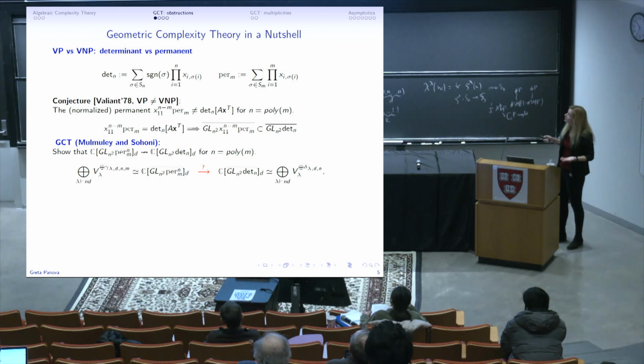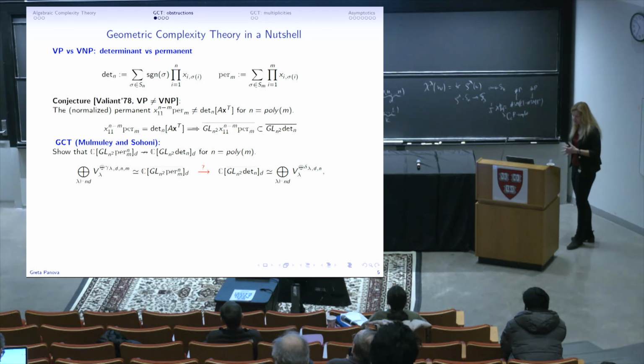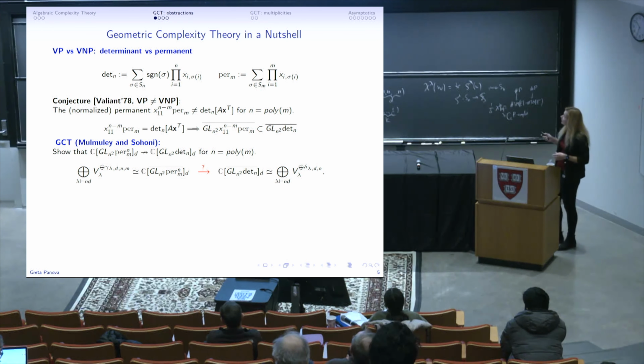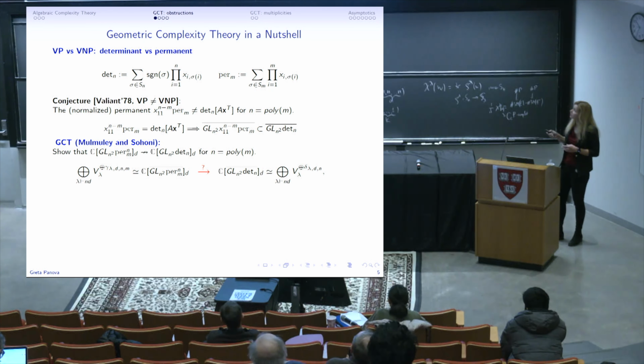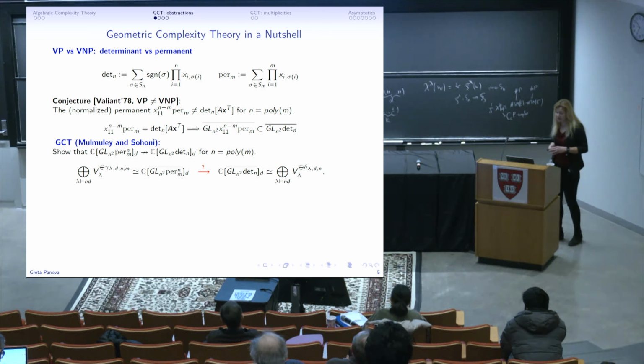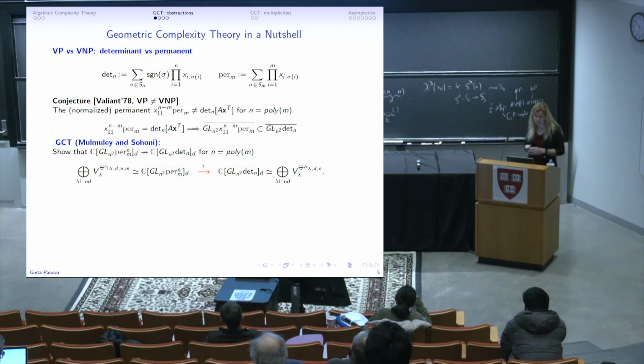Here, these multiplicities for the permanent are going to be denoted by gamma. Again, these are the Weyl modules, GL n squared representations. And here are the ones for the determinant, so the multiplicities are delta. And we want to figure out when an inclusion here, or an equivariant map, is possible.